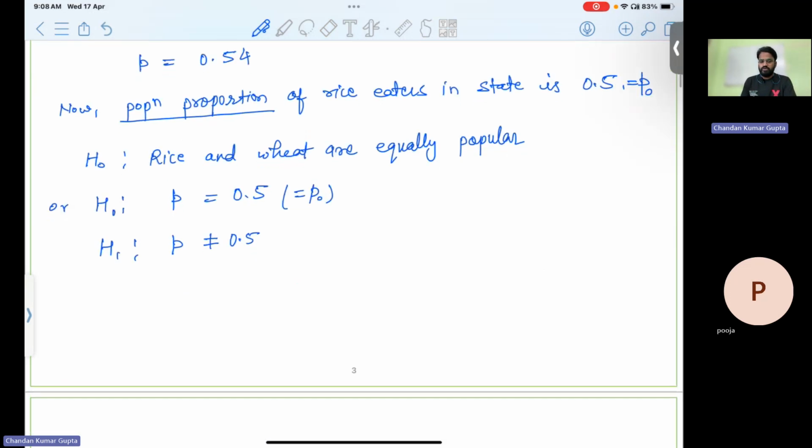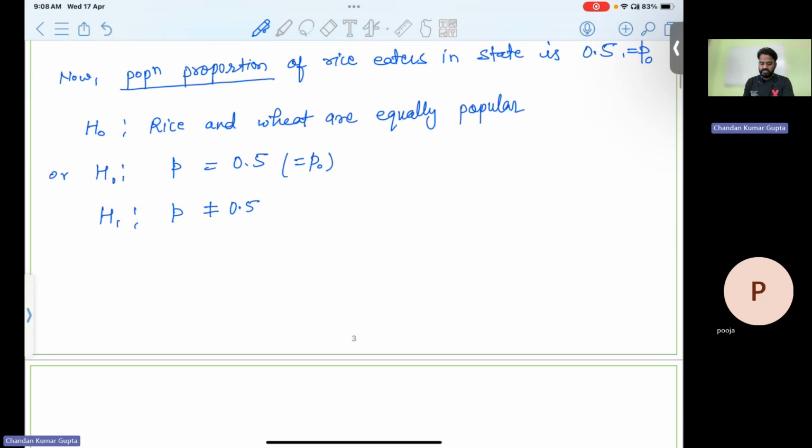Now the test statistic. The second step is the test statistic.